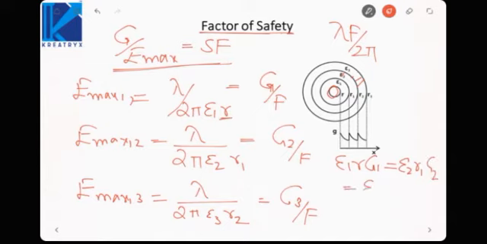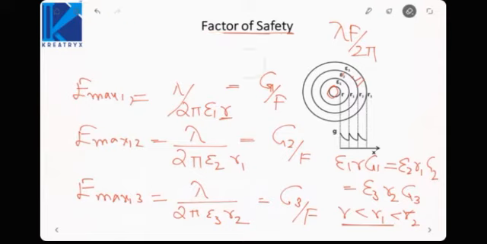For the third it will be epsilon 3 r2 g3. Now we know r is less than r1 is less than r2. So it implies epsilon 1 g1 should be greater than epsilon 2 g2, which should be greater than epsilon 3 g3.